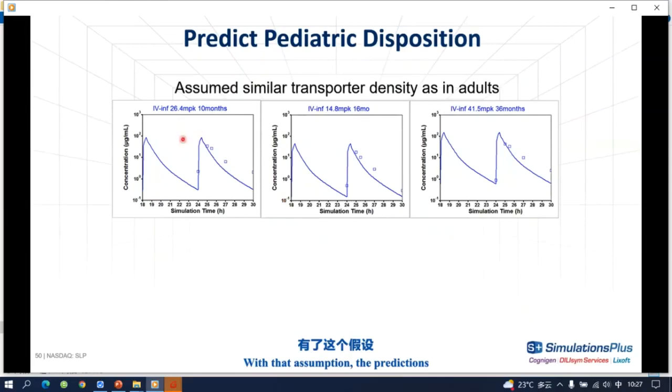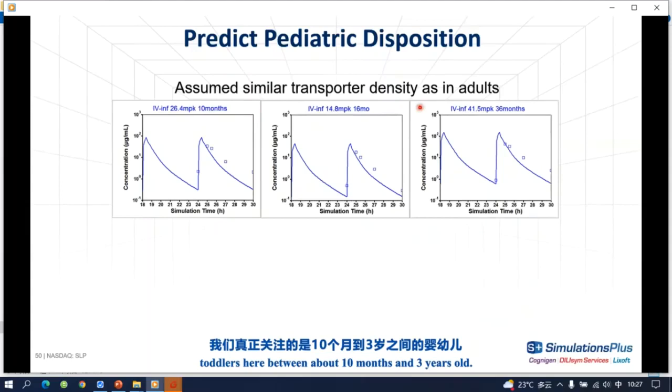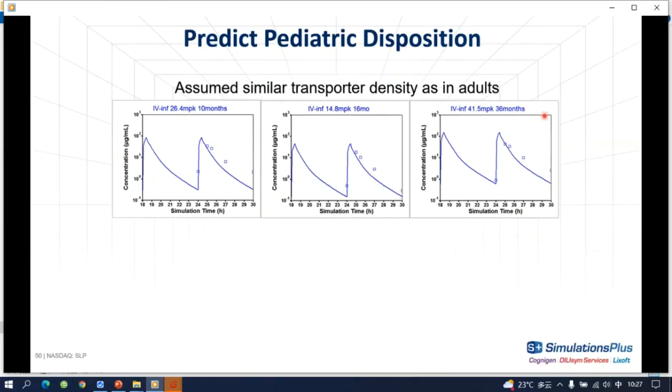And with that assumption, the predictions are not terrible, but we can clearly see that we are over-predicting clearance a bit. Okay? And here I should point out that we are looking really at the infants and toddlers between about 10 months and 3 years old. So going quite far from the adults to do these predictions. And there could be some changes in the transporter activity over that long of an age range.